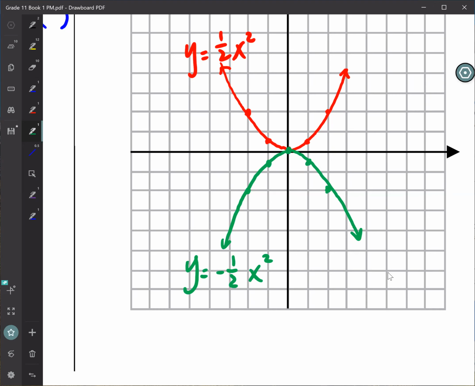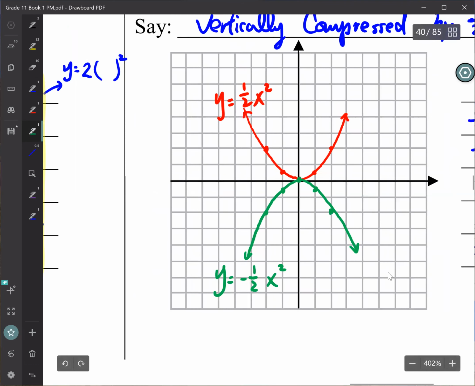When you describe compression, you only look at the number without the negative sign, okay? Are we clear on this part? Can you raise your hand if you understand what I meant? Okay, when you describe stretching or shrinking, ignore the negative sign.